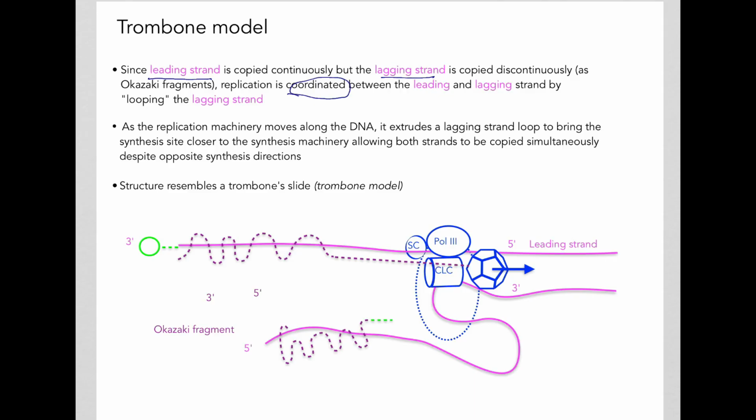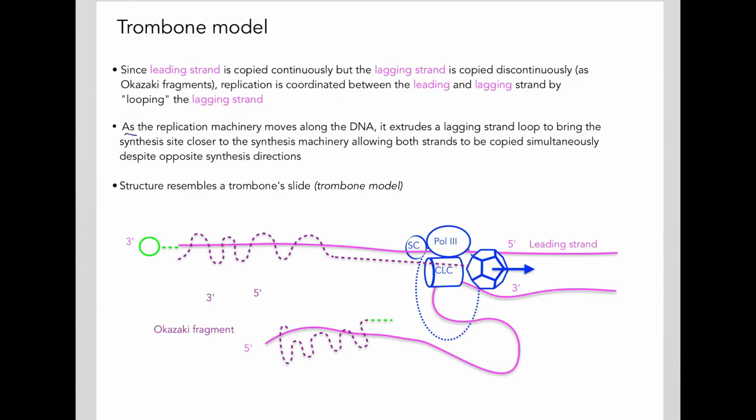The replication has to be coordinated between the leading strand as well as the lagging strand. And one way this is done is by pulling the lagging strand, making it into a loop. So basically looping the lagging strand.